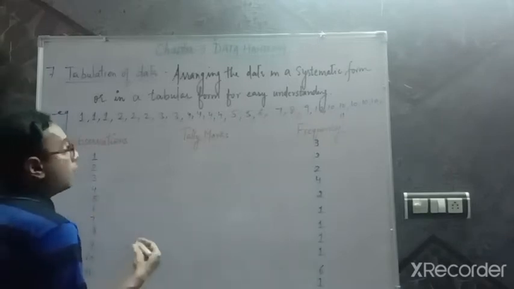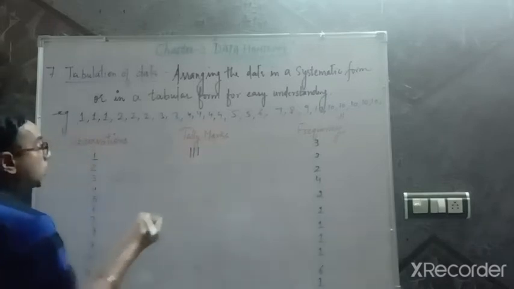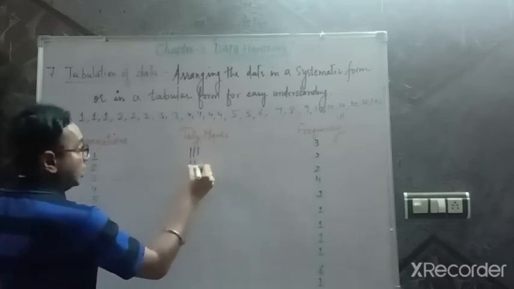Let's continue further. I was talking about tally marks. So what are tally marks? Tally marks are vertical bars which are used to represent the number of times an observation is repeating itself. For example here, 1 is repeating, what is the frequency of 1? 3. So you'll put 3 vertical bars. For 2, it's again 3, so 3 vertical bars.